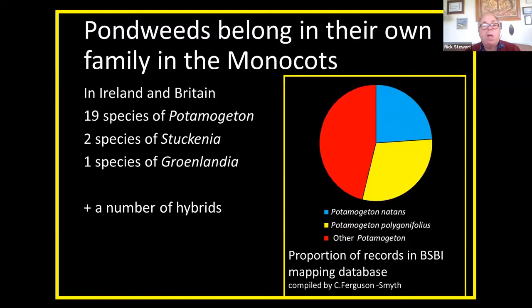So pondweeds belong in their own family, in monocots.